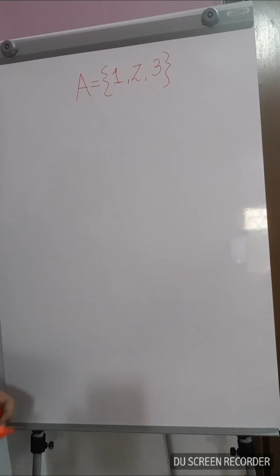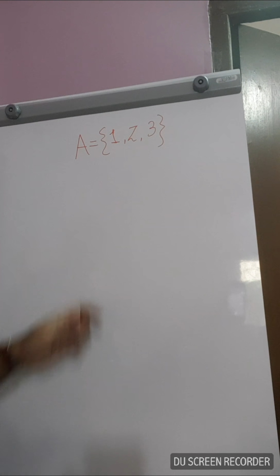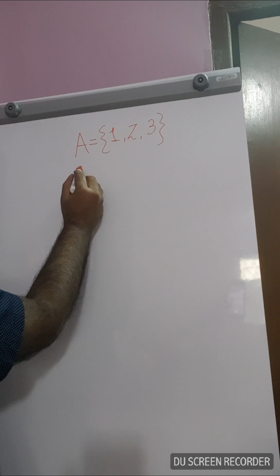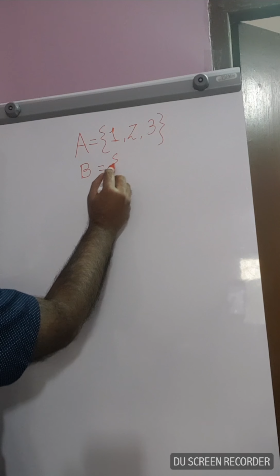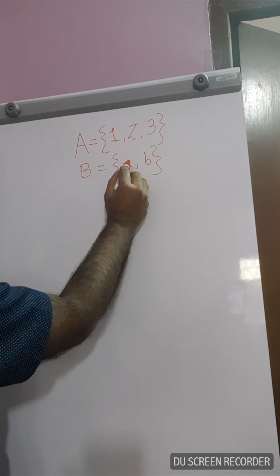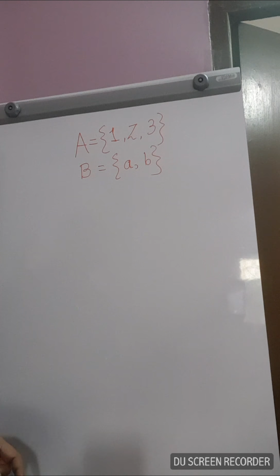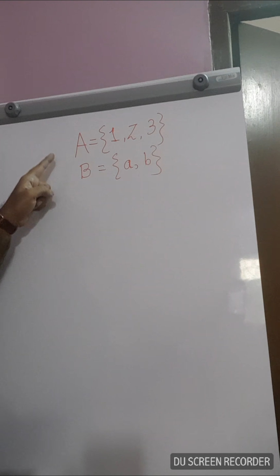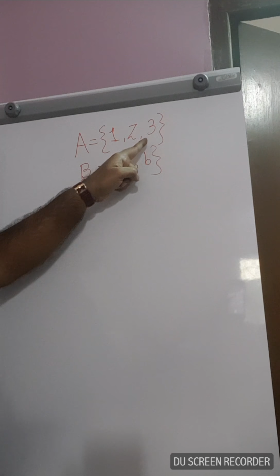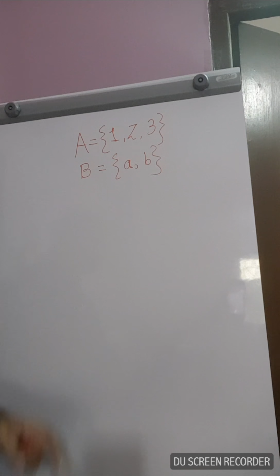So here we have a number set containing three elements 1, 2 and 3. This is the set A, and we again have a set B containing two alphabets, say A and B. So the first one is a number set, the second one is an alphabet set. The first contains three members 1 to 3, the second contains two members A and B.